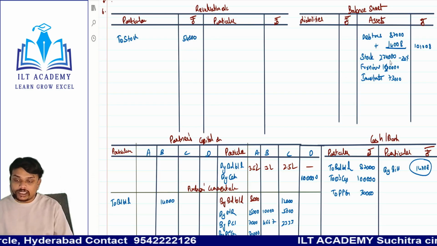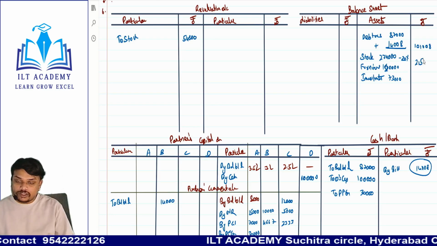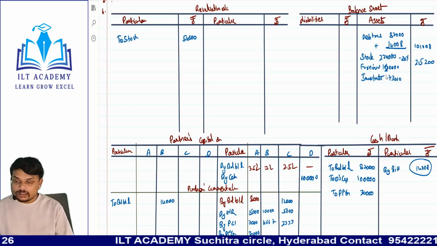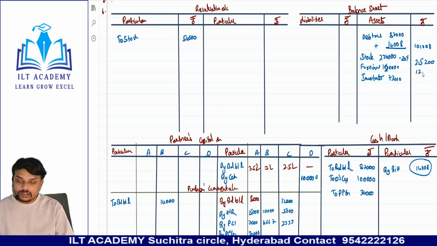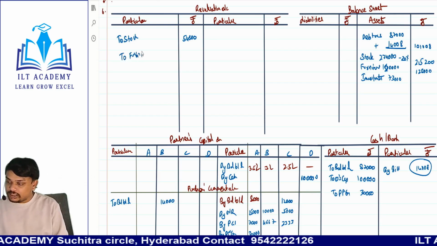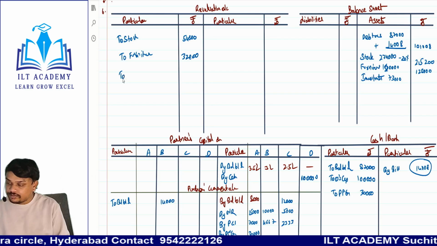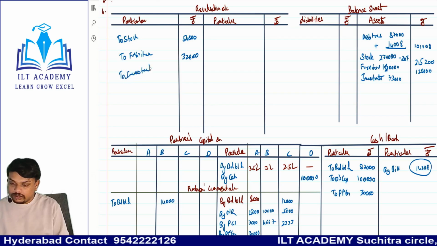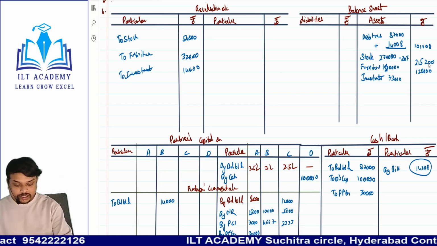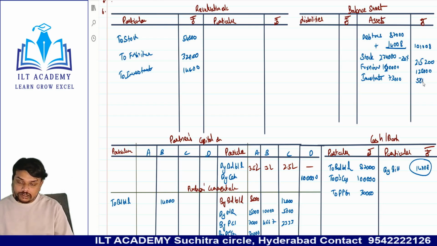When you remove 54,800 from 2,74,000, it becomes 2,19,200. Next, from 1,60,000, if you remove 32,000, it is 1,28,000. In investments, 20% is 14,600, so removing 14,600 from 73,000 you get 58,400.